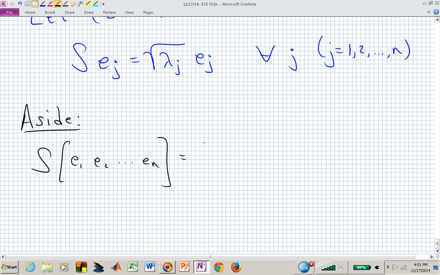And to do that, I can scale those by the appropriate amount by putting that positive square root on the diagonal of a diagonal matrix post-multiplying those vectors, E1 through E sub n.